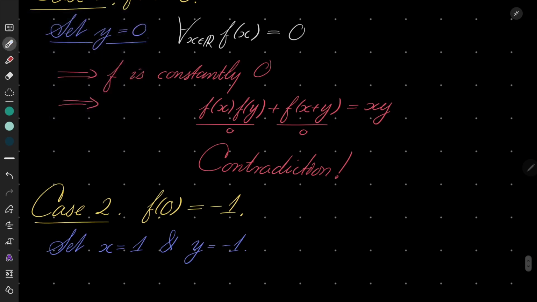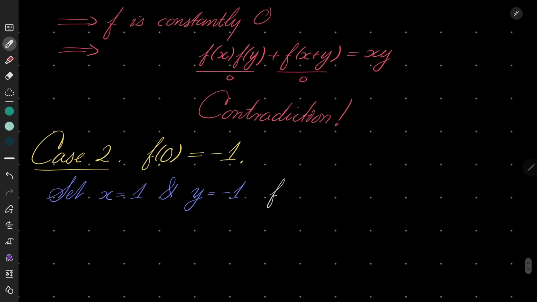We get f(1) times f(minus 1) plus f(1 minus 1), so f(0), equals 1 times minus 1.